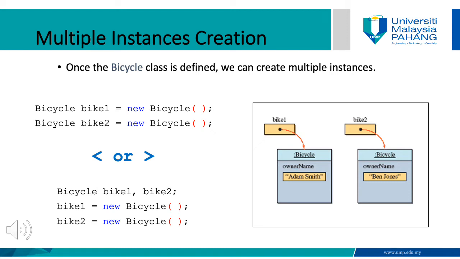First, you declare Bicycle bike1 equal to new Bicycle for the first object, and then for the second one, Bicycle bike2 equal to new Bicycle. Or you can also define it as Bicycle bike1, bike2, and then you assign bike1 and bike2 as a new Bicycle.